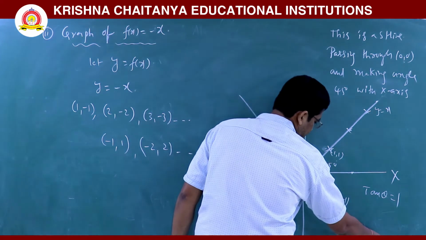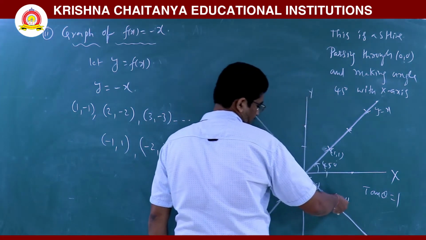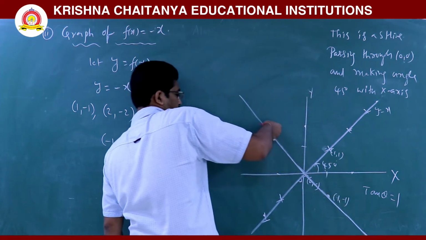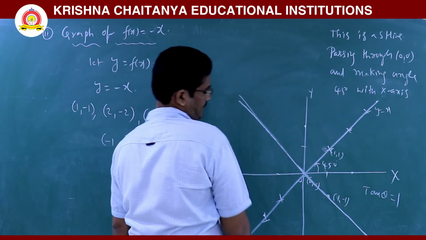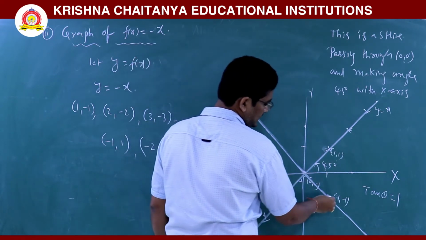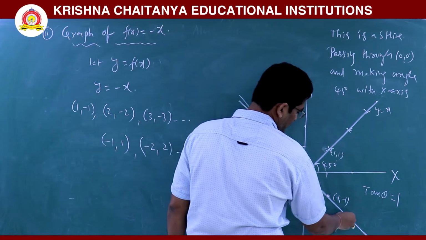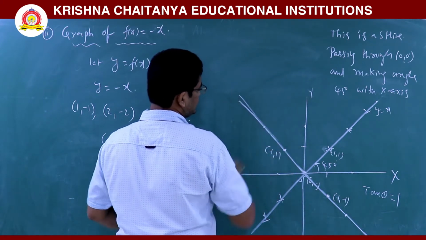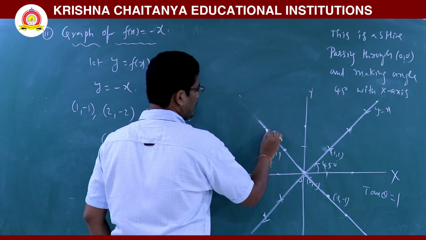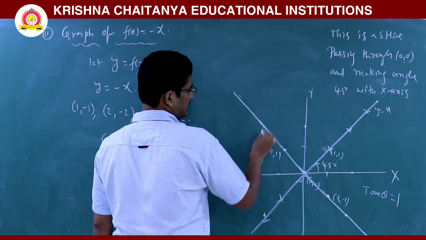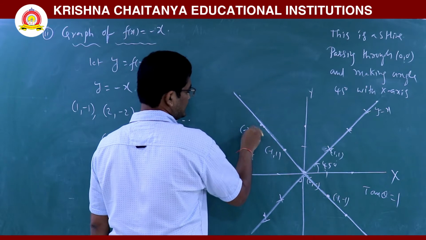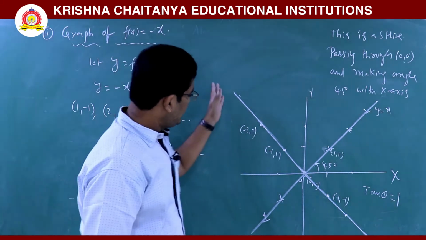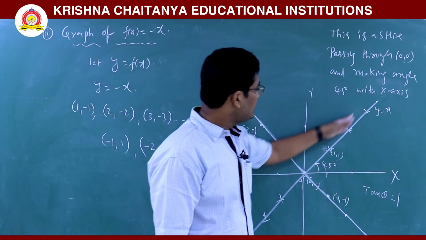This one has 0 0, this one has 1 minus 1, this one has 2 minus 2, this one has minus 1 1, and this one has minus 2 comma 2, like this. So it is the line y equals minus x, unlike the line y equal to x.